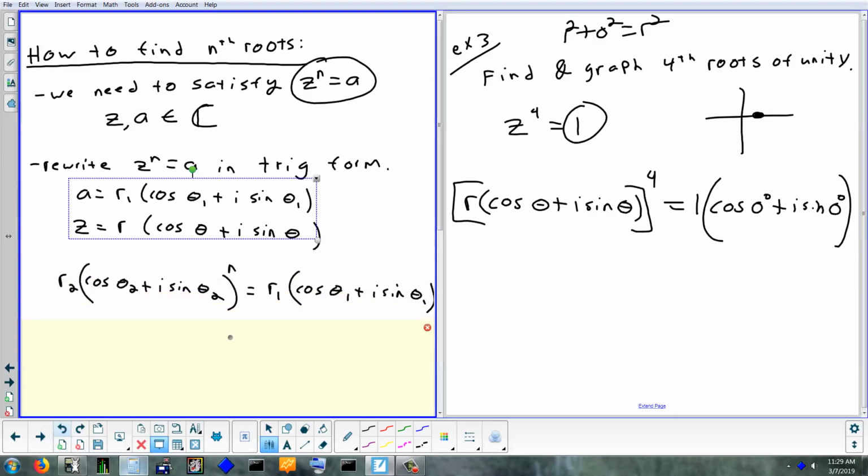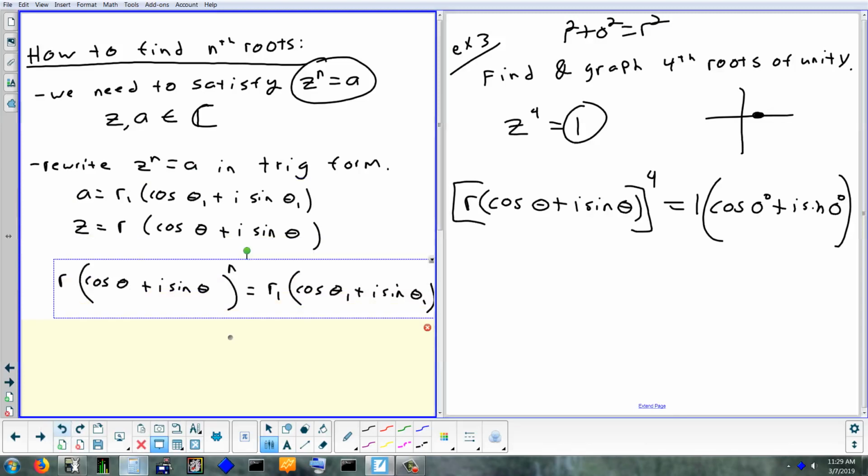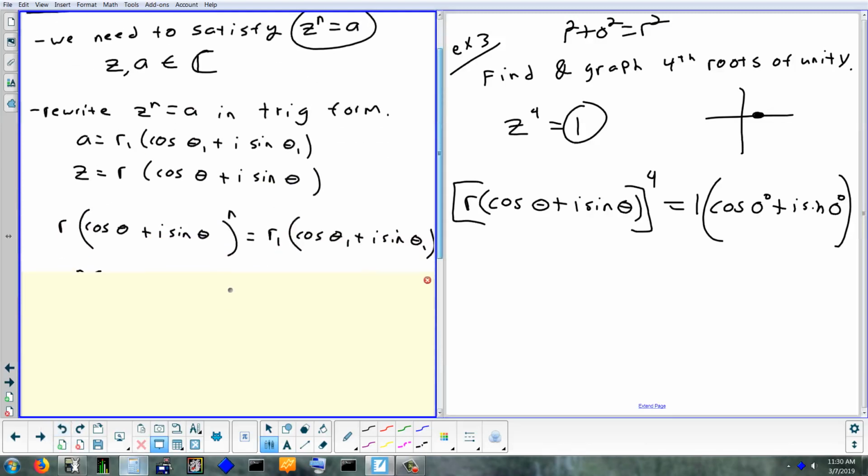So now at this point, you have something like this, and I wrote it like this. There's your left-hand side, but we have a specific power filled in for n, and there's your right-hand side, but we have a specific radius that we calculated, and a specific theta that we also figured out. In the next step, the right-hand side is going to stay exactly the same, but on the left-hand side we can use DeMoivre's theorem.